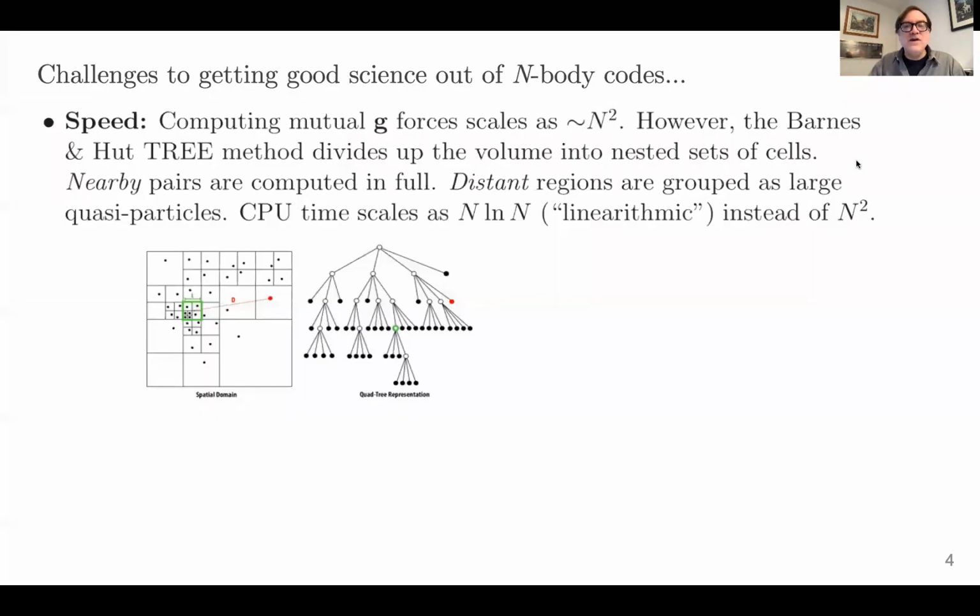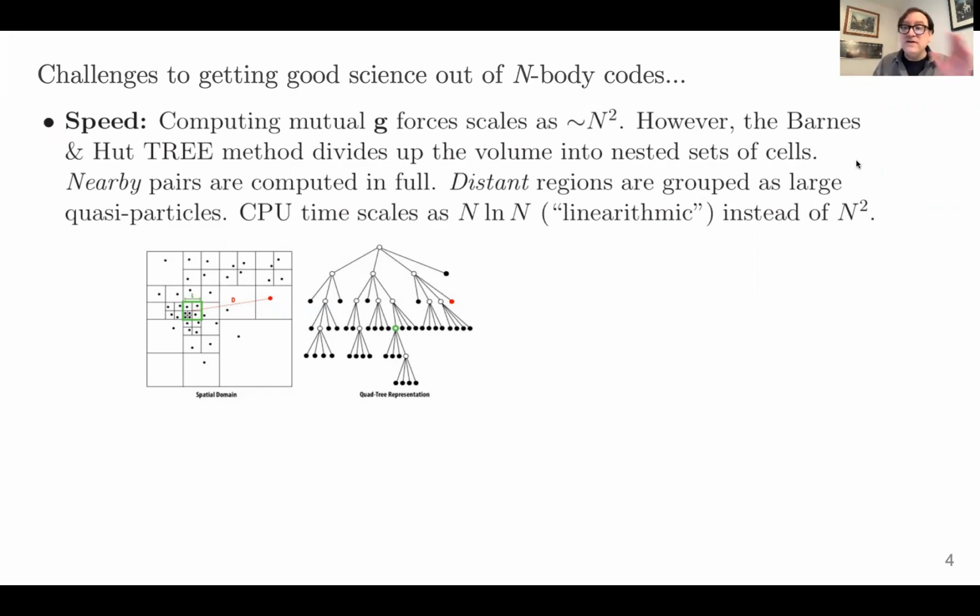So we won't be talking too much about the numerical simulations. But there are some important things to think about when trying to do them. Getting good science out of them requires speed. If you really want to compute the gravitational force on one star from n other stars, and then you want to do that for all n stars, you can see that would have to go as n².